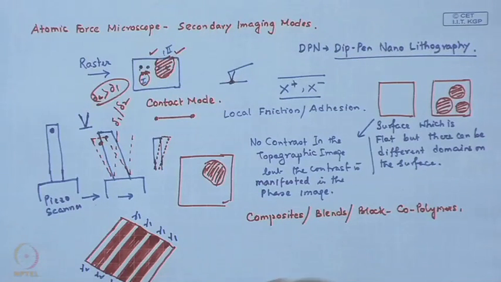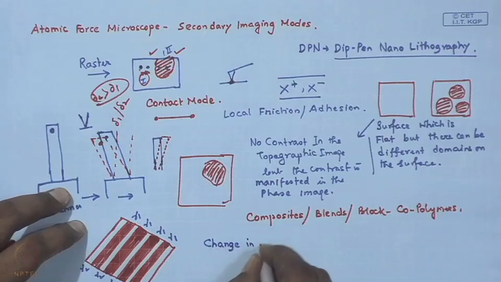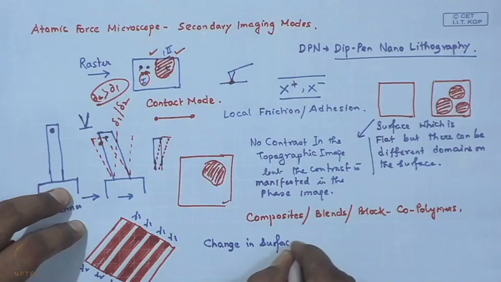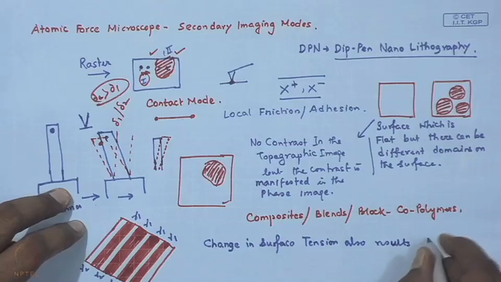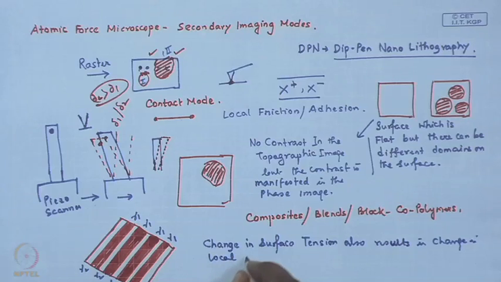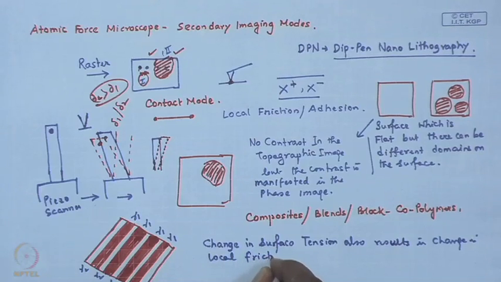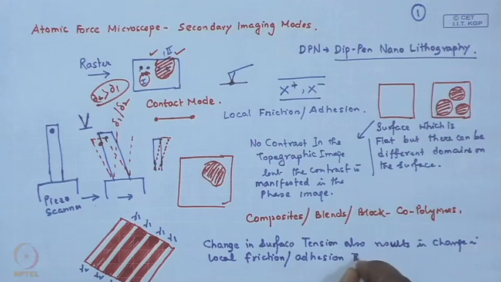So, change in surface tension also results in change in local friction or adhesion property.